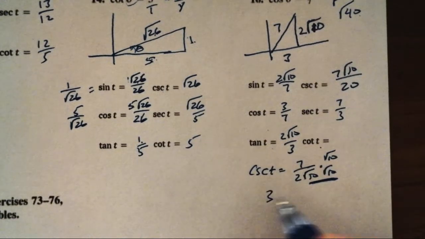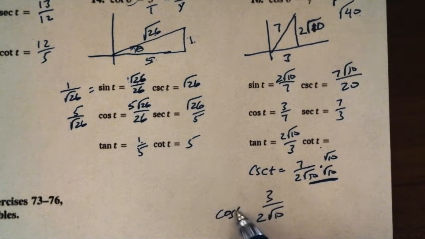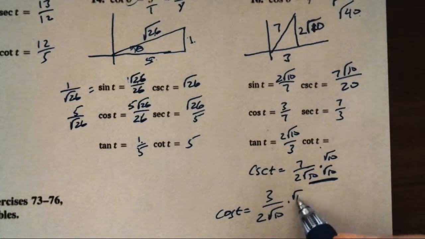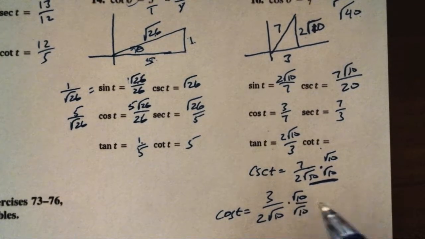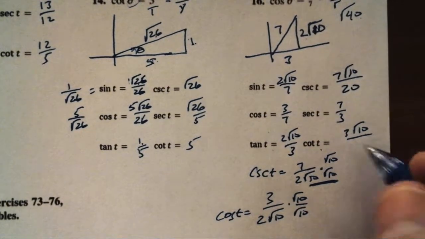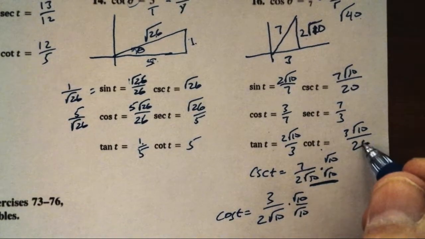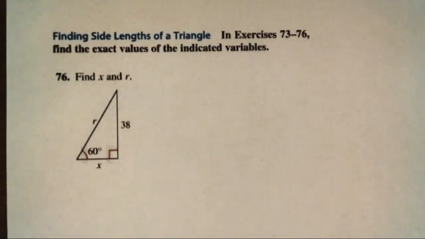Likewise, cotangent, 3 on 2 square root of 10, rationalize, square root of 10 on square root of 10, gives me 3 square root of 10 on 2 times 10, 20.